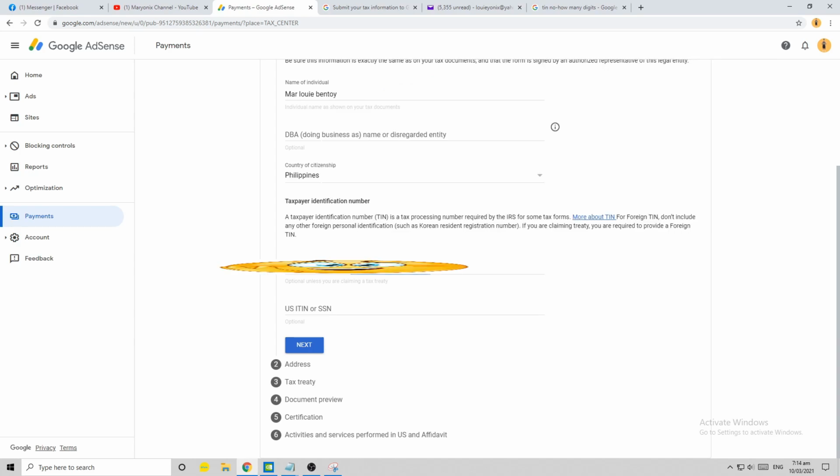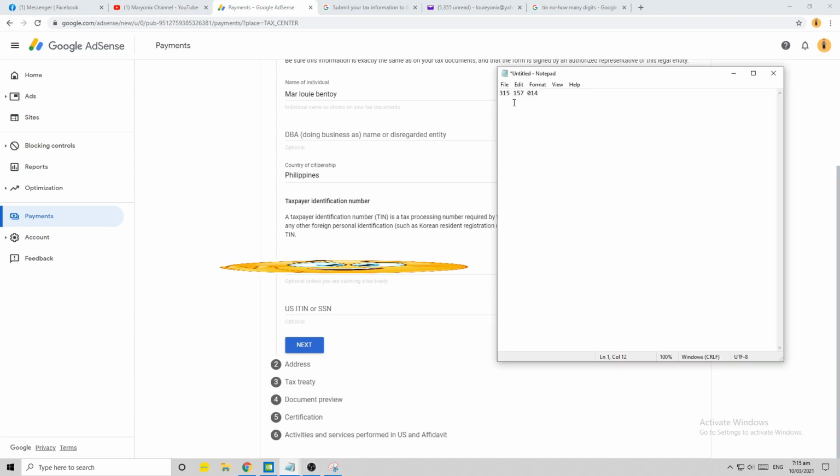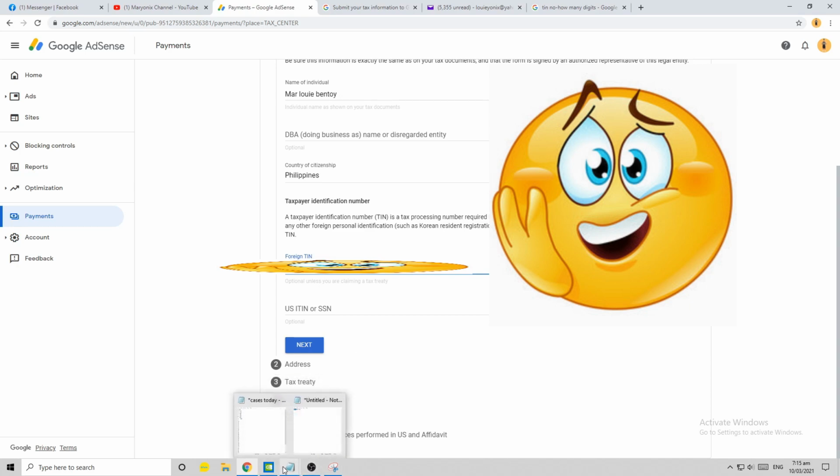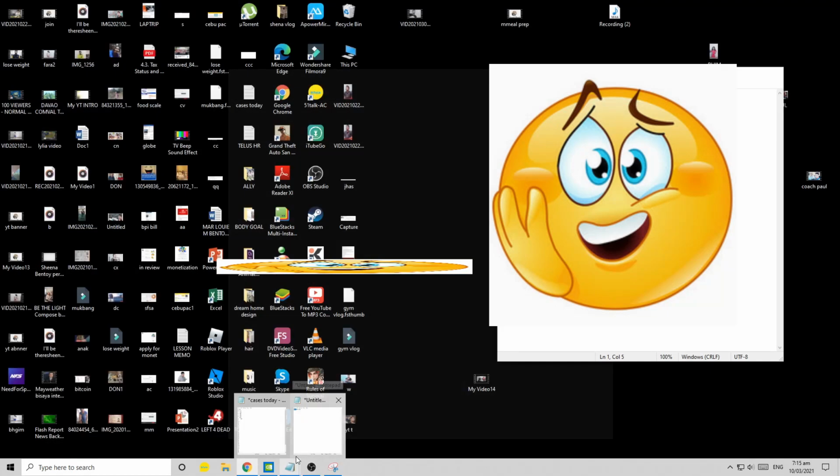Just don't include the 000 for Philippine people. Make sure to double check your number, guys, before you put it in the foreign TIN, because that's very important.